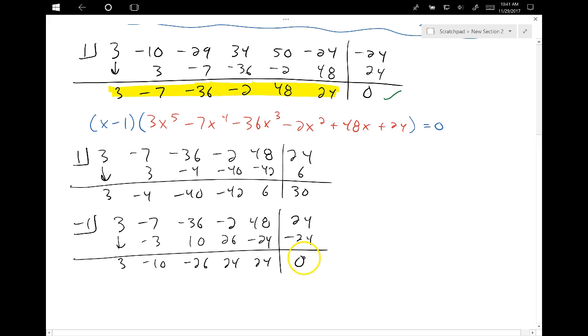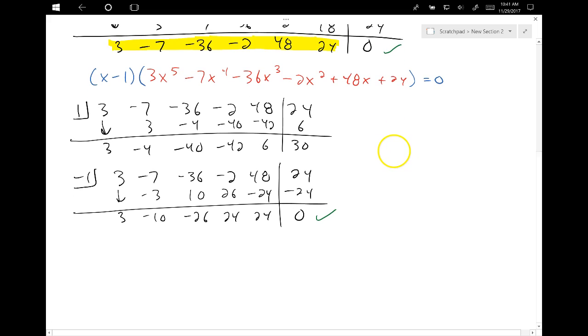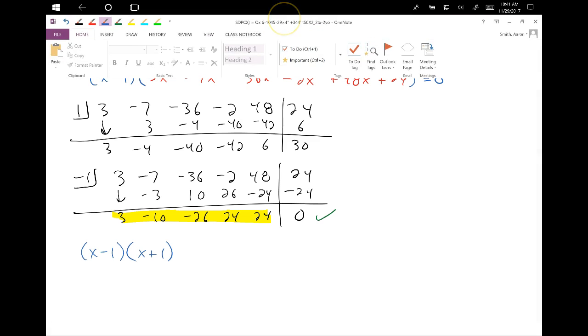All right, -1 works, so that's good. So x minus 1 was a factor. Because -1 was in the box, x plus 1 is a factor because it's the opposite sign. And then this yellow quotient here is what's left, keeping in mind that it knocks it down a power. So this is now going to start to the 4th power.